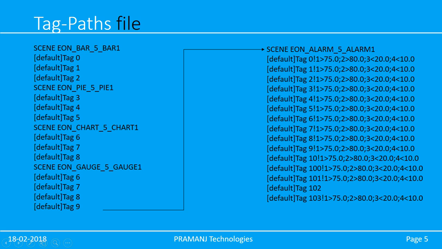So the tag path file, which defines the parameters to be displayed on the NJ-SCADA screens, is shown here. These are the fully qualified tag names that have to be displayed for a bar graph on the dashboards. These tags are to be displayed on a pie chart.